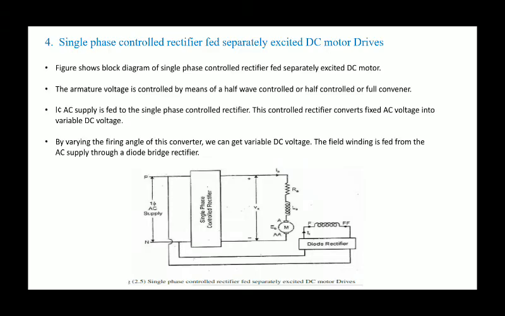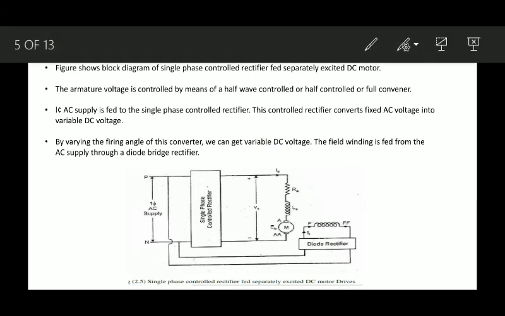Single phase controlled rectifier with a separately excited DC machine. The block diagram of this motor is given here. This is the AC supply. Using a single phase controlled rectifier, we get the controlled output DC voltage here. By using this controlled output DC voltage, we can control the speed of the DC machine.